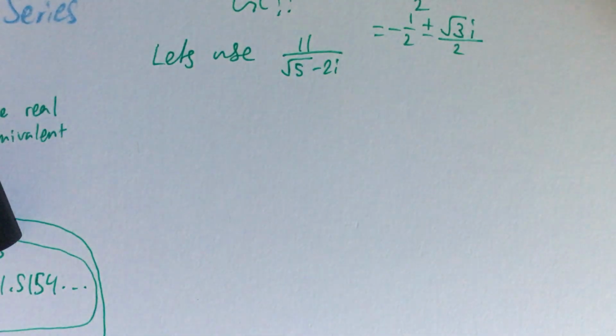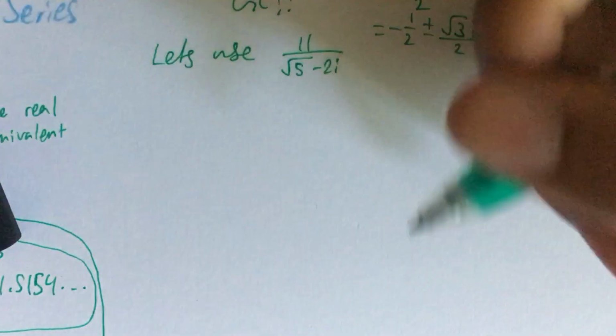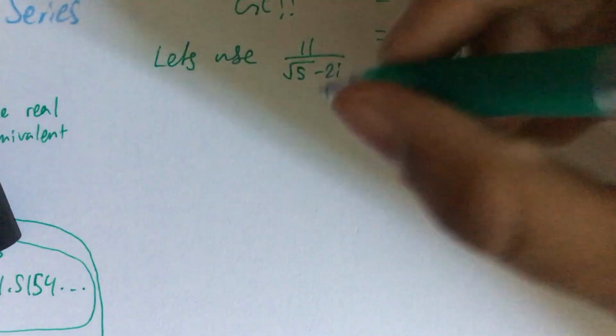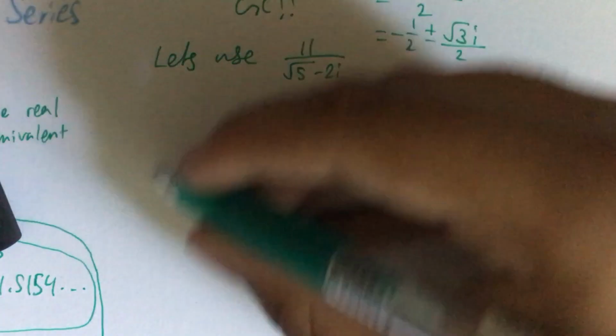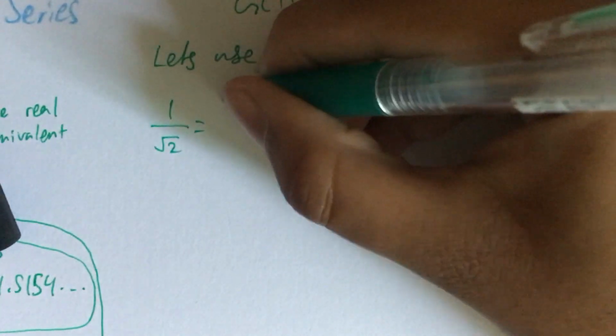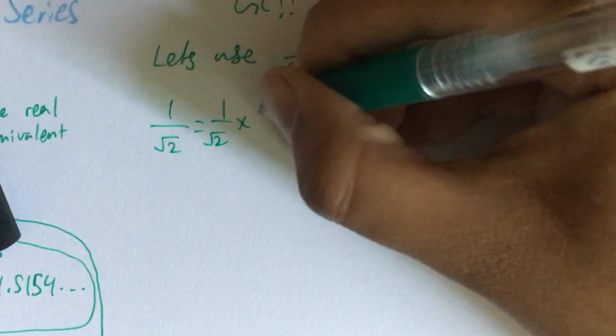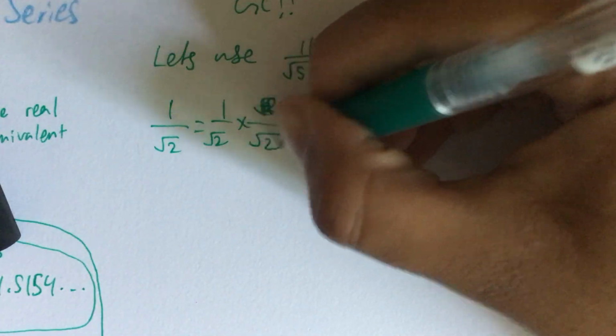So if you want to make sure there are no imaginary numbers on the bottom, basically what you do is, for example, it's like how you resolve surds. If you have 1 over square root 2, you just times it by square root 2 over square root 2, and you get square root 2 over 2, right? And likewise, you can do the same for complex numbers.